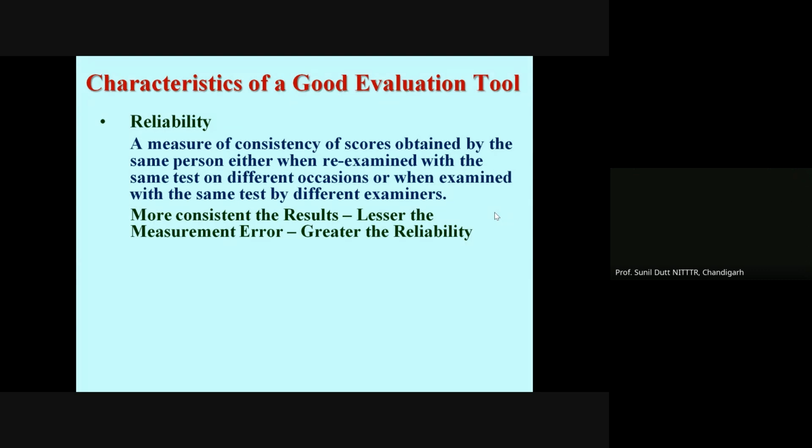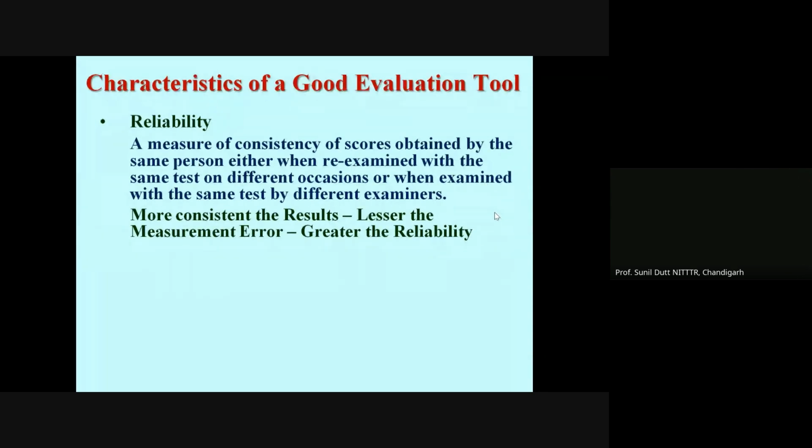Now you can divide the questions into two groups, first 5 and 6 to 10, and find out the coefficient of correlation between the first 5 question marks and the second 5 question marks. Okay, so that is called the split half method. So that will give you the internal consistency.